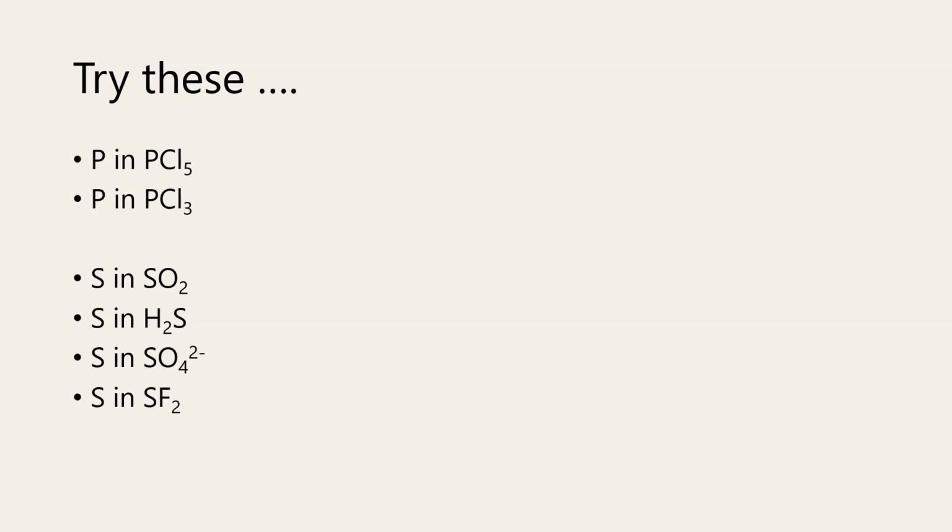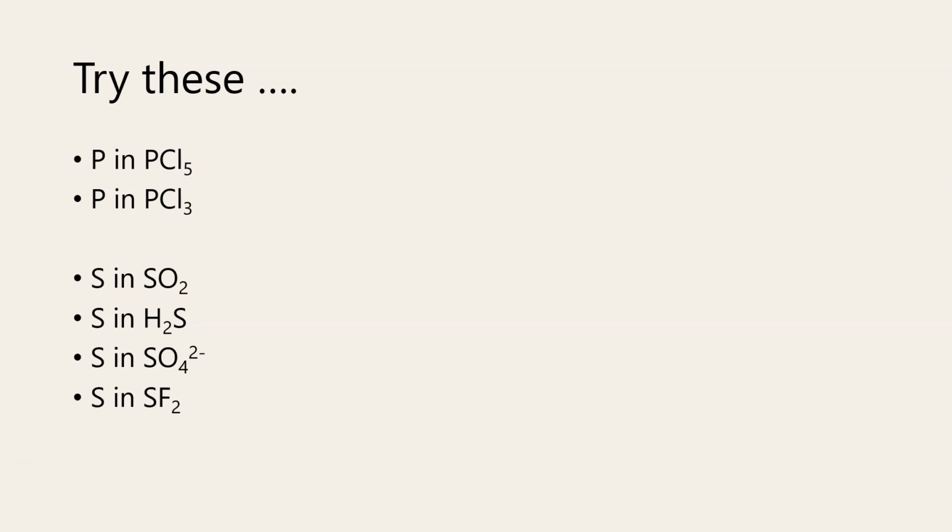The ones I'd like you to try are phosphorus in the compound PCl5 and phosphorus in the compound PCl3. And then 4 compounds with sulfur in, I'd like you to work out the oxidation state of sulfur in SO2, sulfur in H2S, sulfur in the sulfate ion SO4 2-, and sulfur in the compound SF2.